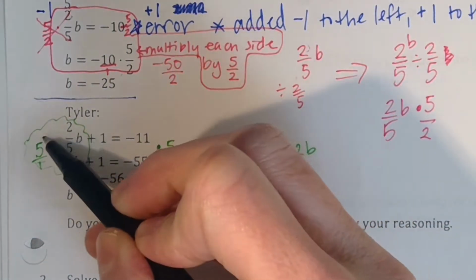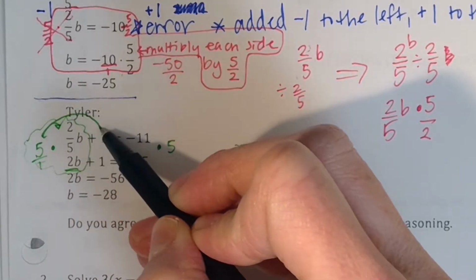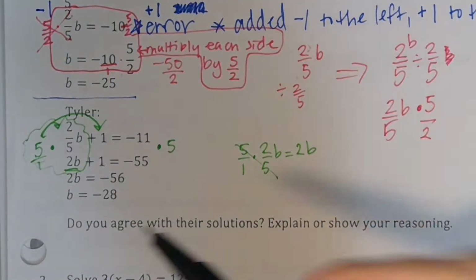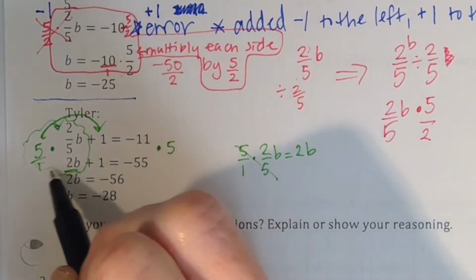Which means the 5 actually has to get distributed because whatever I do to one side has to happen to the other side. And when you multiply, everything on that side gets multiplied. I'm taking everything on the left and increasing it 5 times. So the error is right here.